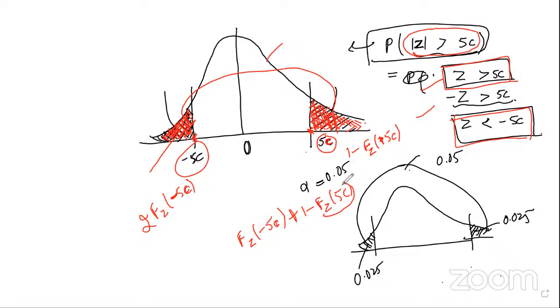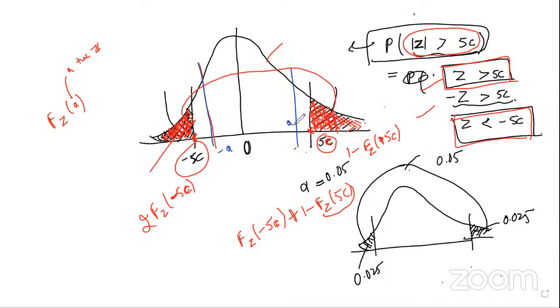Now I will write F of a, where a is a positive integer. How can you write it? Let's say this is our minus a and this is our a.